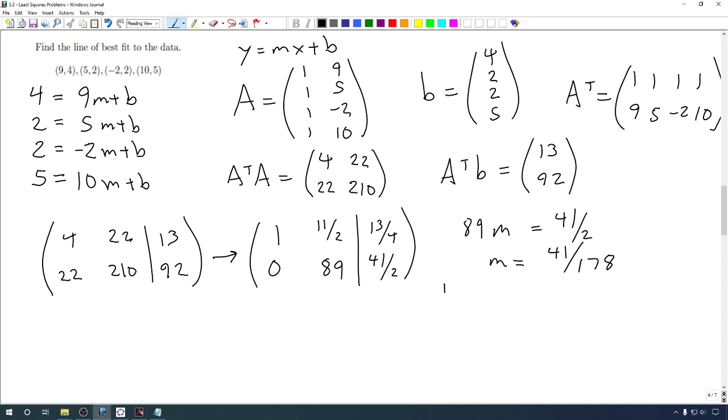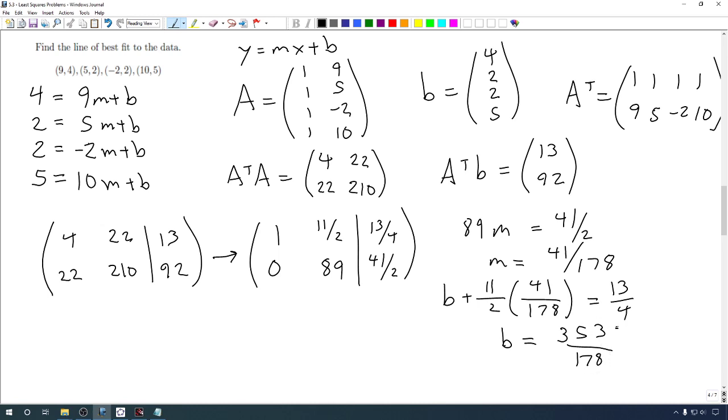This first equation is b plus 11 over 2 times this value for m is equal to 13 over 4. And so b is then going to equal 353 over 178. So our m is 41 over 178. Our b is 353 over 178.